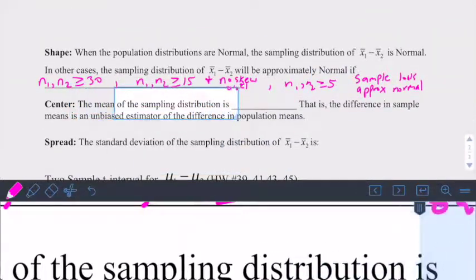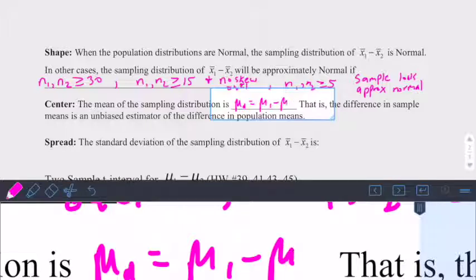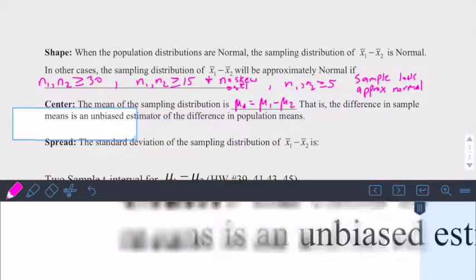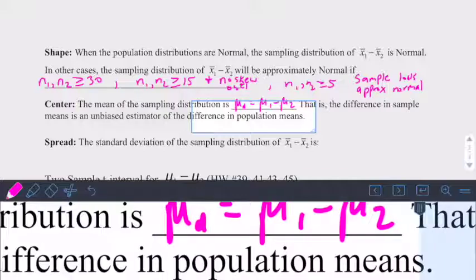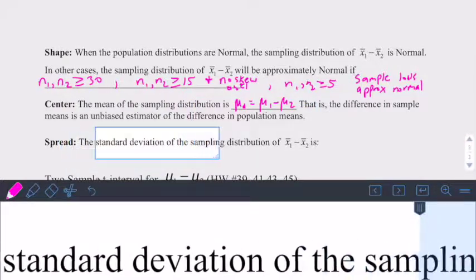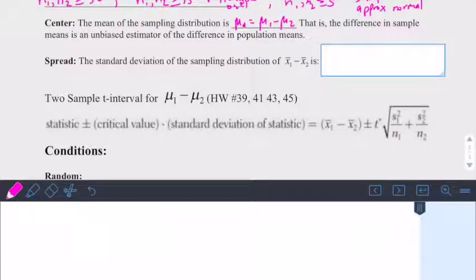The mean of the sampling distribution is always that mean difference, right? Mu1 minus mu2, or mu2 minus mu1, it doesn't really matter. So that means the difference is an unbiased estimator of the difference in population means. The standard deviation of the sampling distribution is that formula, remember?